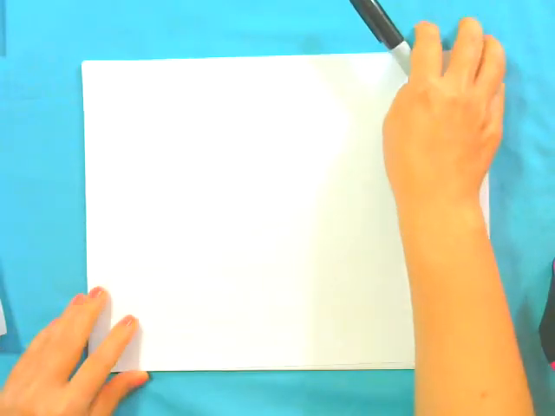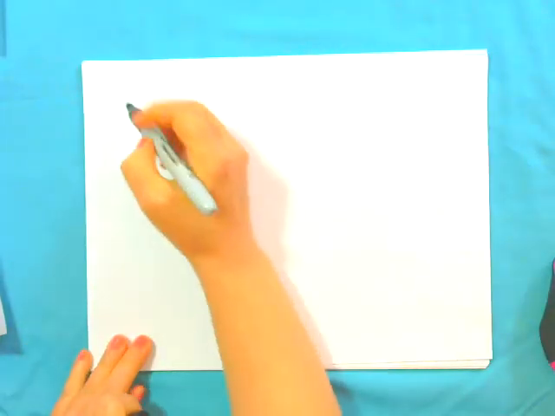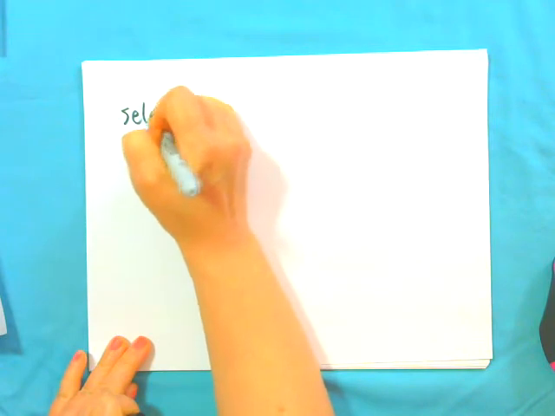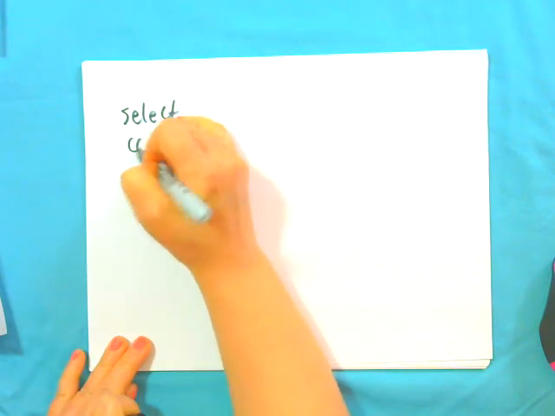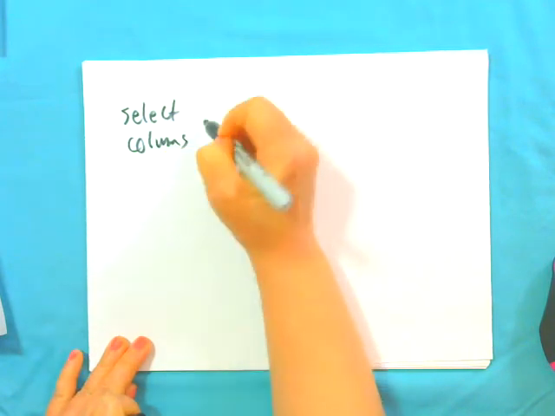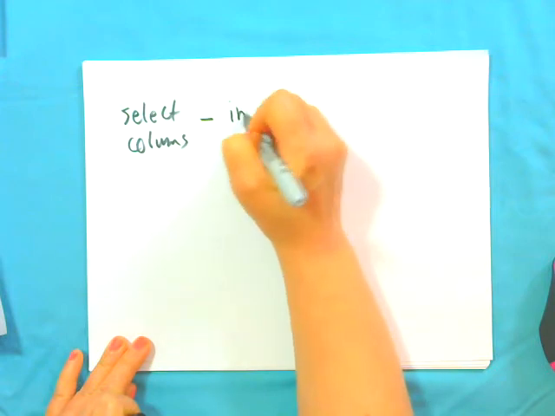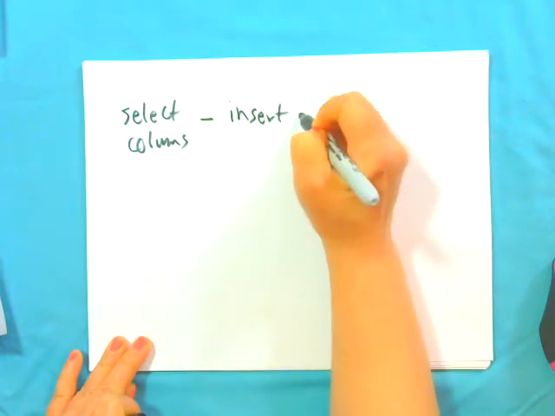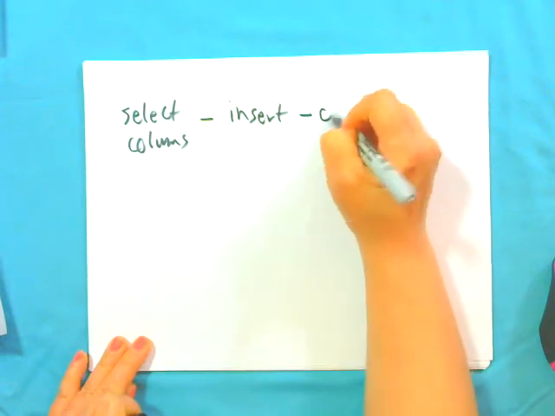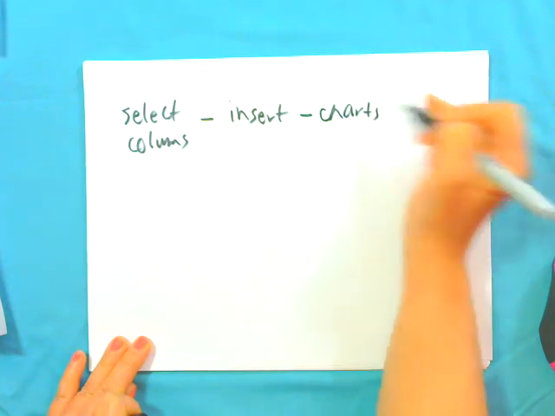In Excel, you select the columns, then you go to Insert, and then you choose Charts.